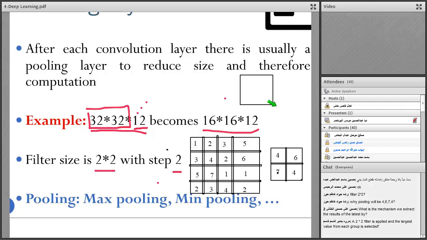Let me draw a filter in the pooling layer.